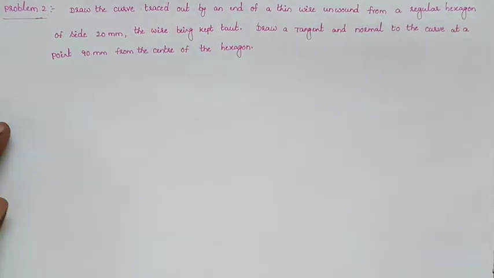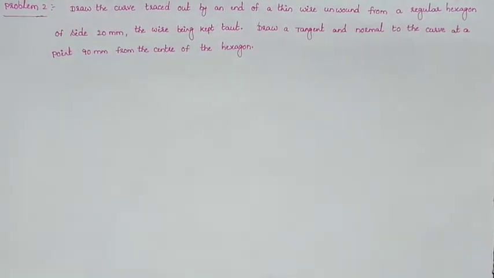So here the type of polygon is a hexagon, and they are asking that a thin wire unwound from a regular hexagon of side 20 mm. They are asking us to draw the involute of that hexagon and also draw the tangent and normal.